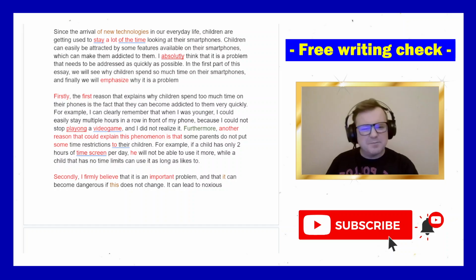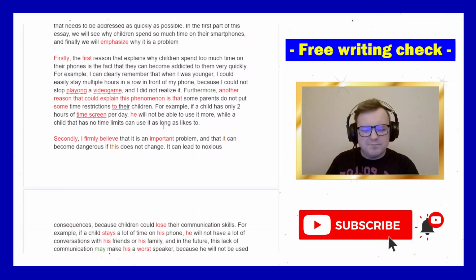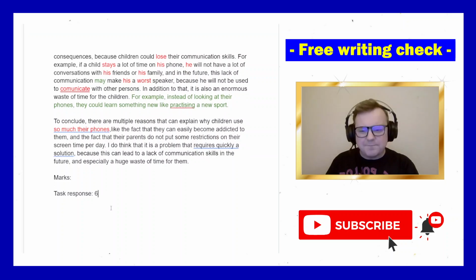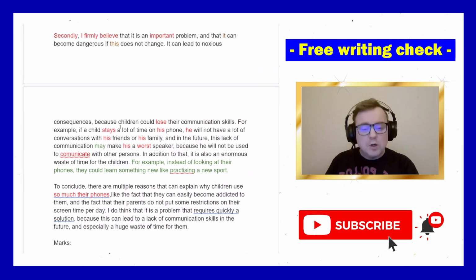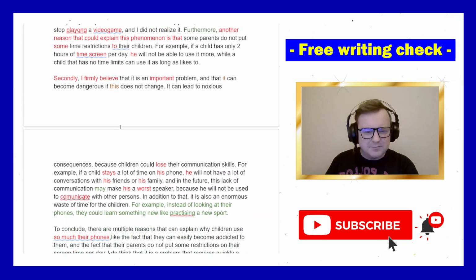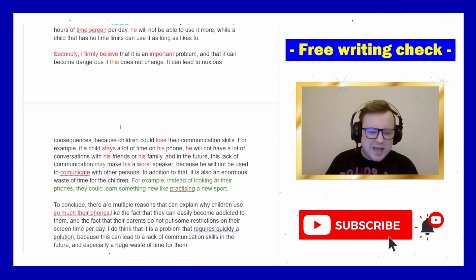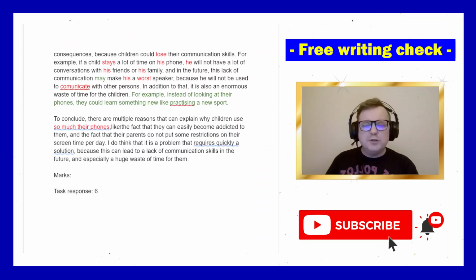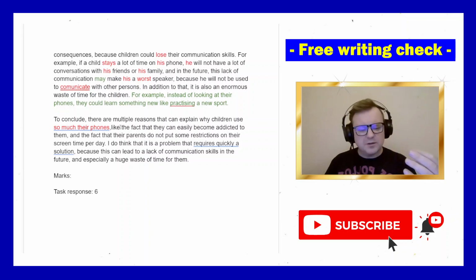They get addicted and parents don't help them. But I don't think the position is really academically developed. And yeah, so I also know why it's a bad thing. They'll lose their communication skills, and also it's a waste of time that they could spend doing something else. So I'm reasonably well informed, but I don't think the positions are really developed or supported or explained with any sophistication.